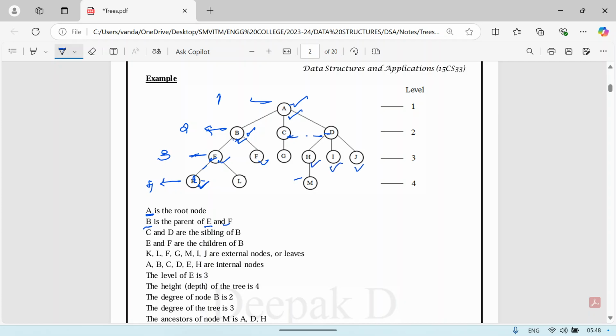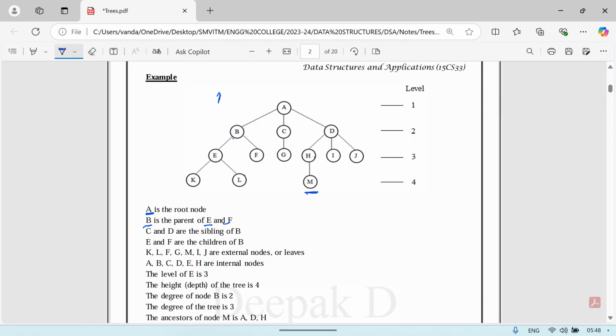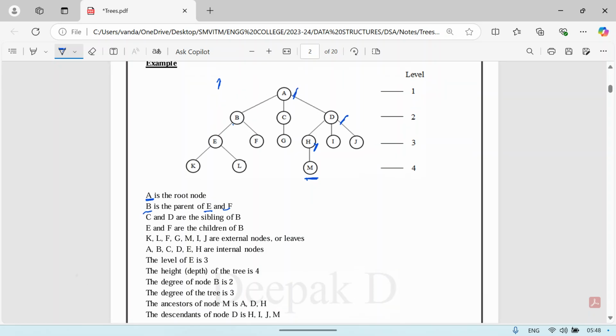The ancestors of M are H, D, and A. And descendants means, if there is a node, its children and grandchildren like that. So for example, if I consider B, then its descendants are E, F, K, and L. For D, it is H, I, J, and M.